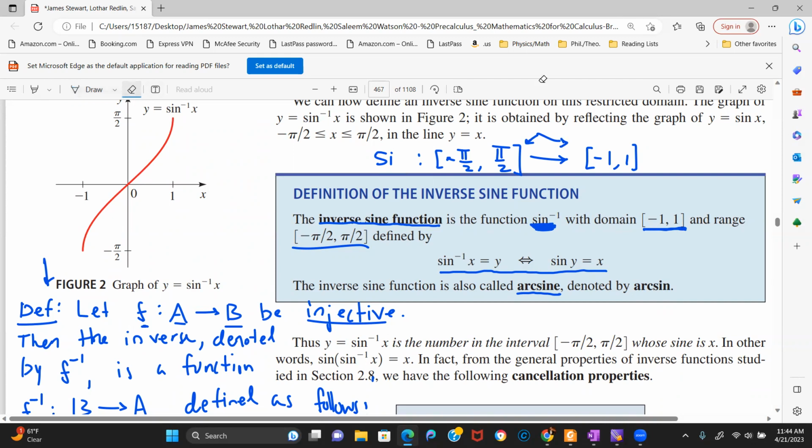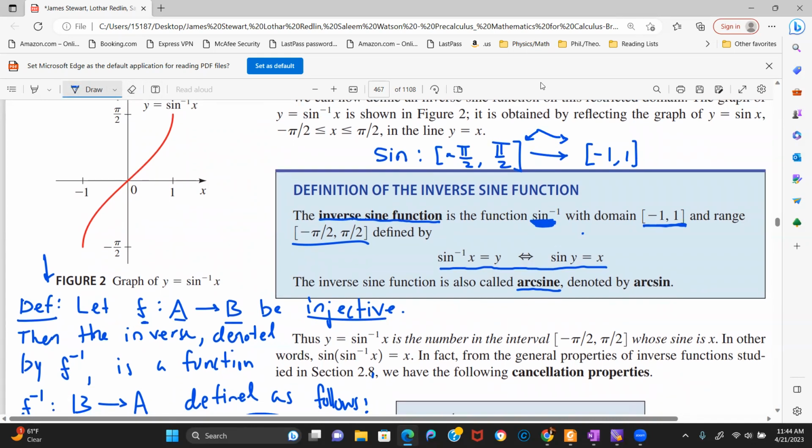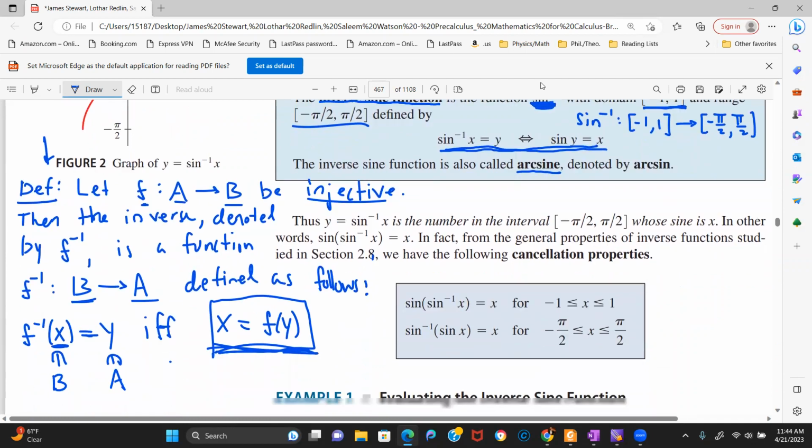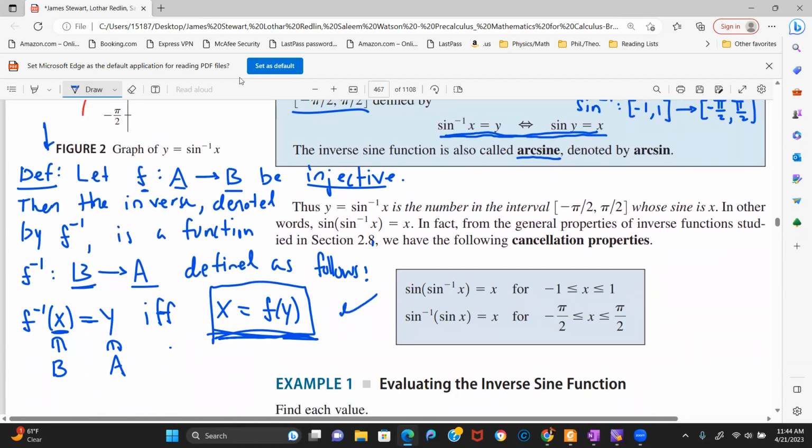And so sine inverse is going to be a function from negative 1, 1 to negative pi over 2 to pi over 2. And it's defined by this formula right here, which is exactly this one right here that I wrote.